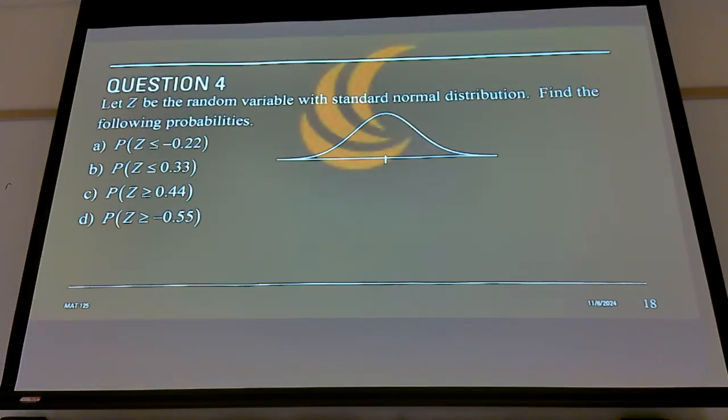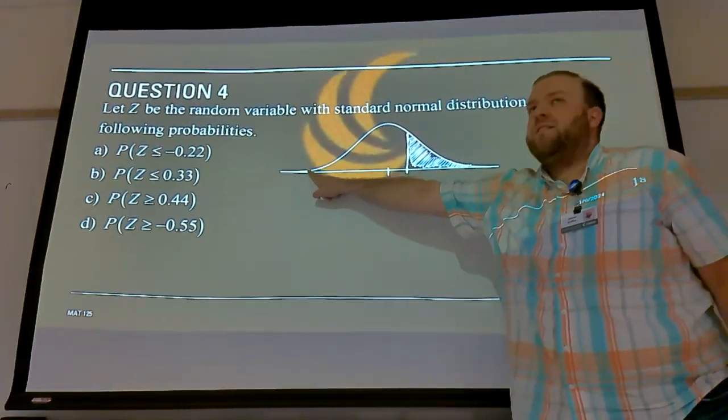Greater than or equal to 0.44. Since we're now looking at greater than or equal to, that's the area we're looking for, isn't it? Oh dear. That's not what our chart gives us. It'll give us this.